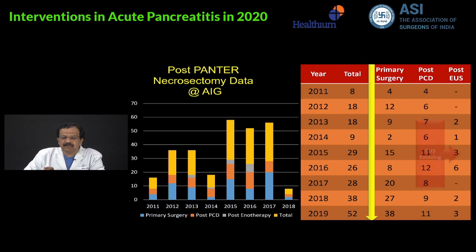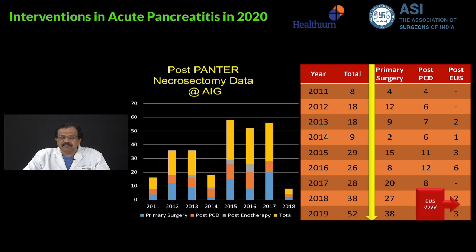Initially we did not have endoscopic ultrasound, then we had endoscopic ultrasound evolving and then stabilized. So now we have three modalities: interventional radiology, endoscopic ultrasound and a surgical modality.